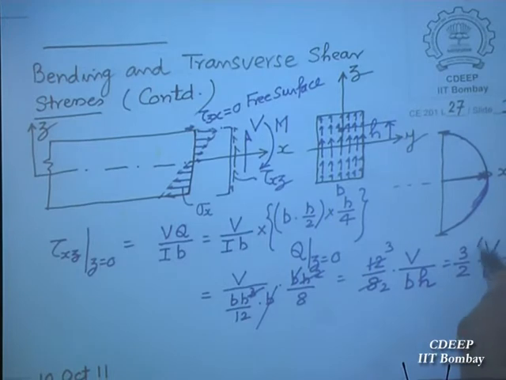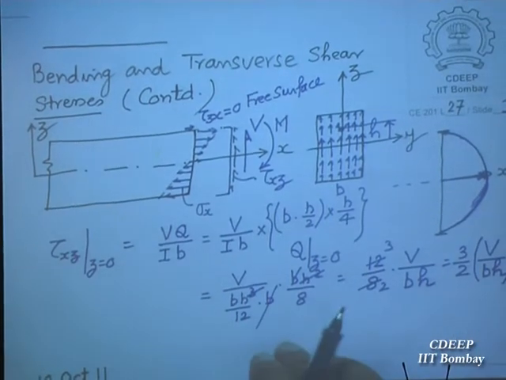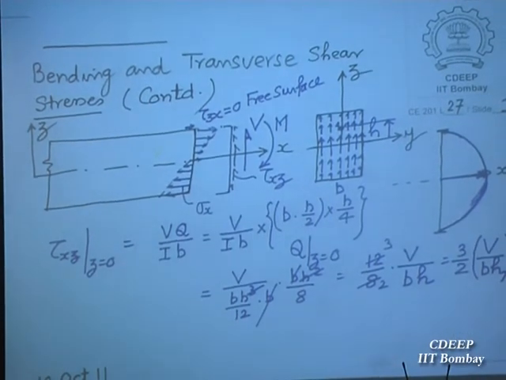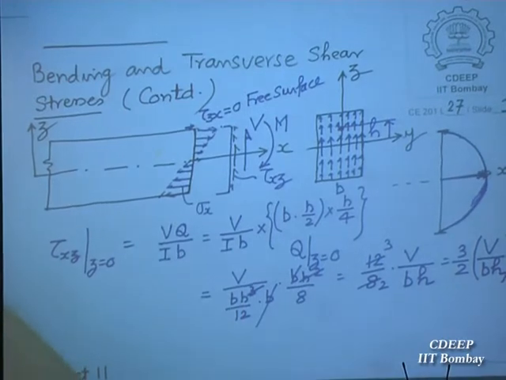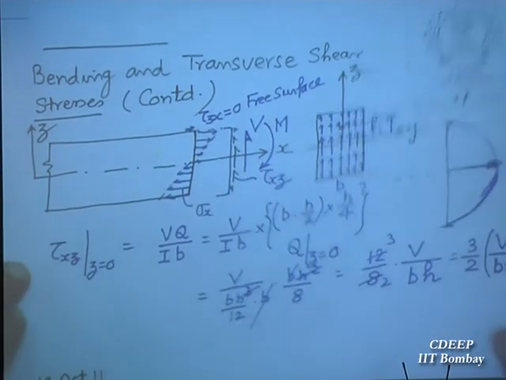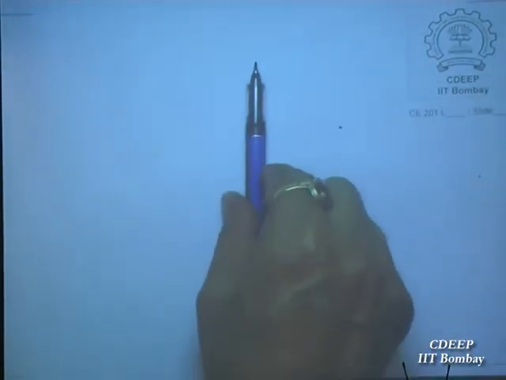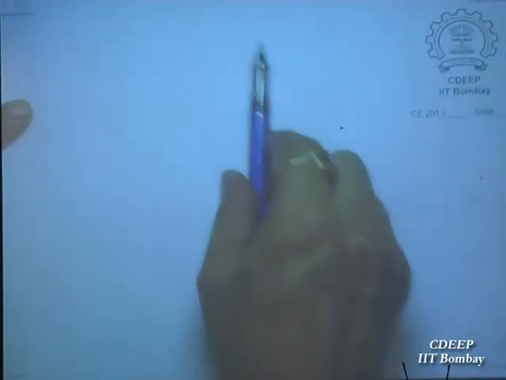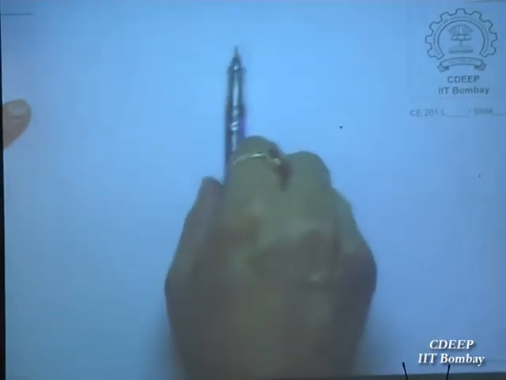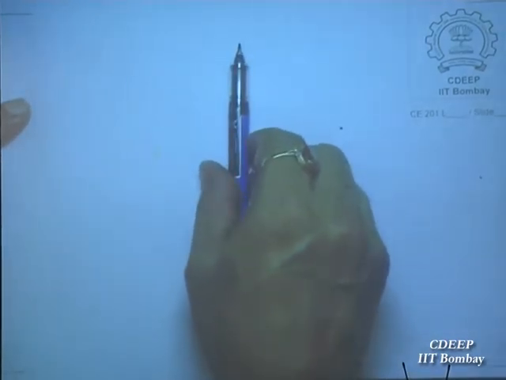Now, please tell me, supposing I did not know the variation of shear stress, the way we found it last time, and I had asked: this is the cross-sectional area, this is the x-axis, this total sheet of paper is the area, this is B, this is H, and the shear force is acting like this. Please find out the shear stress. Anybody would say, okay, force is there, area is there, so I will divide the force by area.